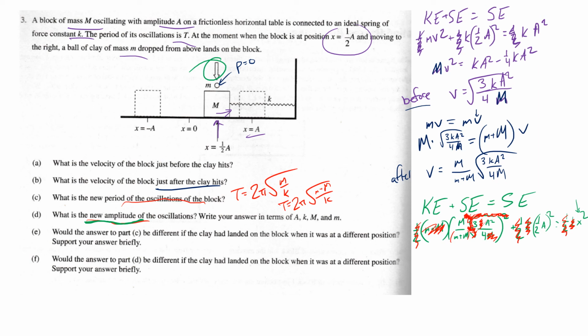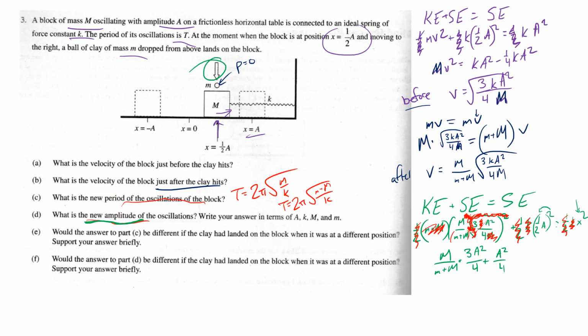Now you don't have to do this all at once like I do, but I had a practice round, which you didn't see, and I don't have a lot of room. So now when I write everything that's left over here, I'm going to have big M over little m plus big M times 3a squared over 4, plus a squared over 4, because we distribute that squared.